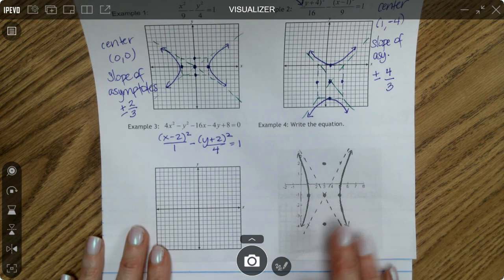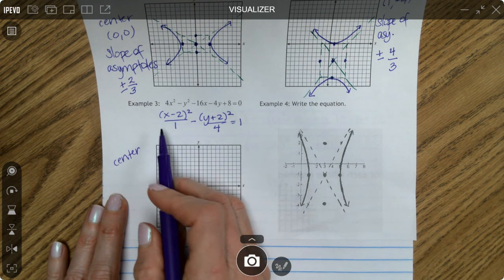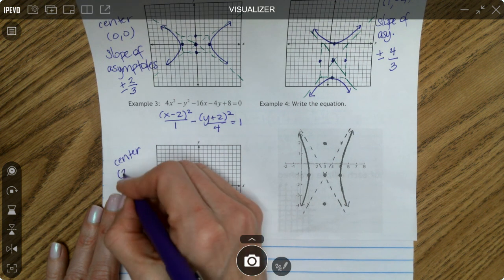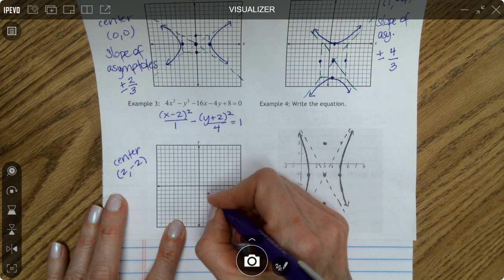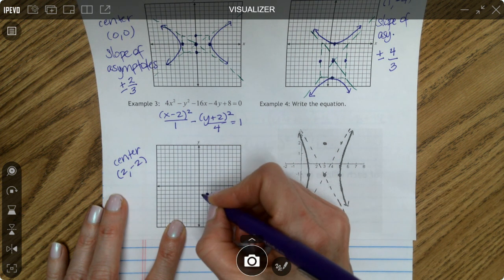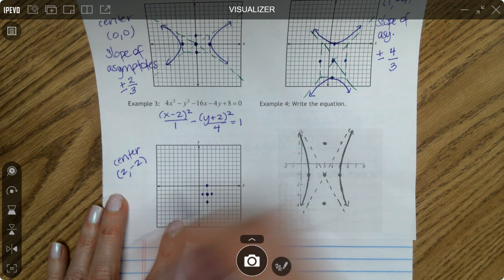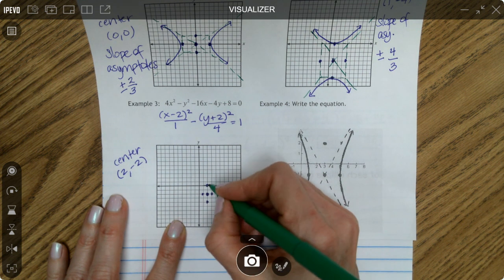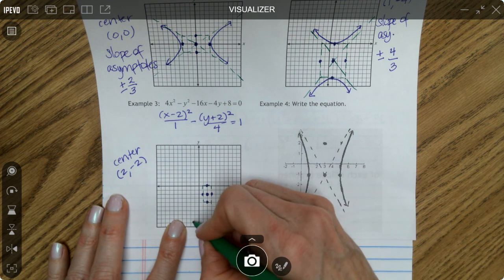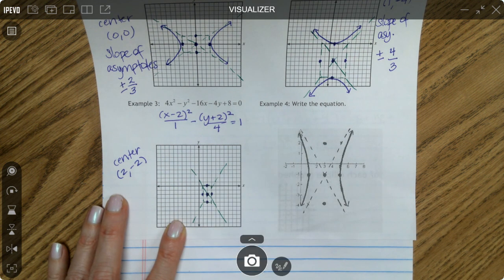Okay, so I've written that graphing form right here. We have the center, x is first, so that's going to feel normal, 2, comma, -2. I'm going to go from the center 1 in the x direction to the right and the left of the center, 2 in the y direction above and below the center. I'm going to draw this tiny little box through these vertices and then through the center, and from corner to corner I'm going to draw those asymptotes.